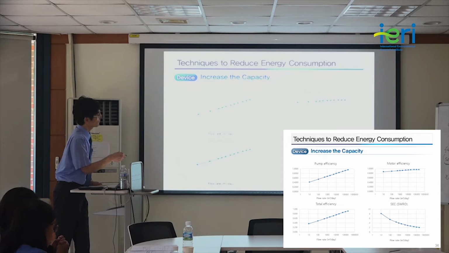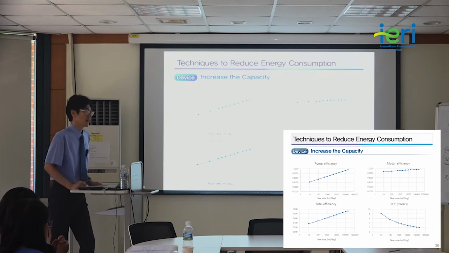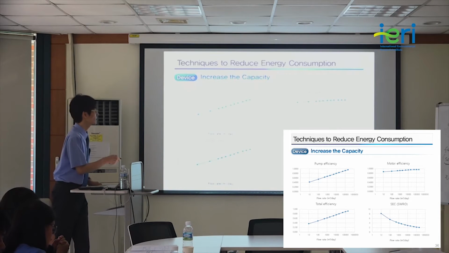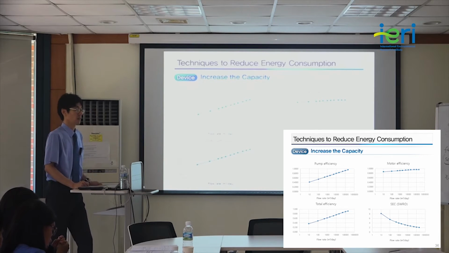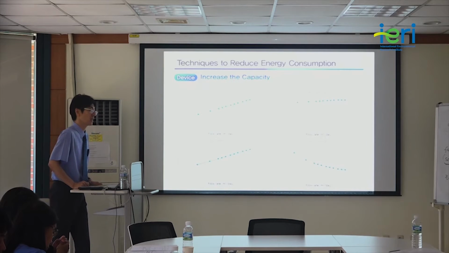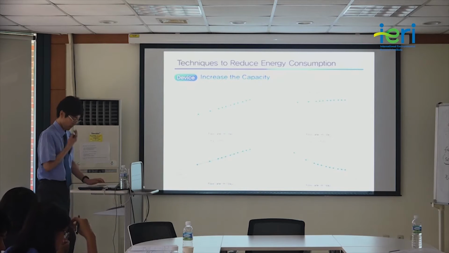But if you increase the plant capacity to more than 10,000 cubic meter per day, the specific energy consumption can be reduced to lower than 3 kilowatt hour per cubic meter.